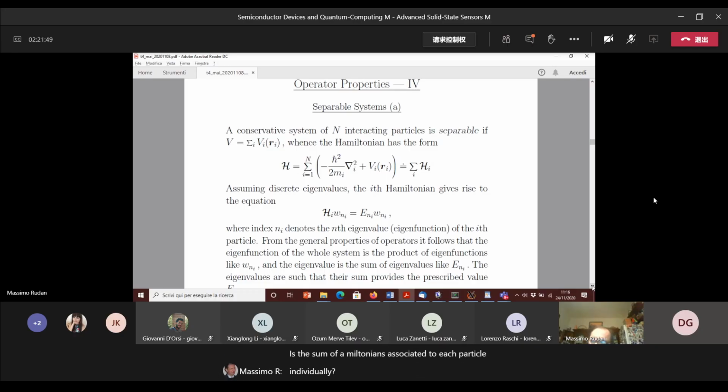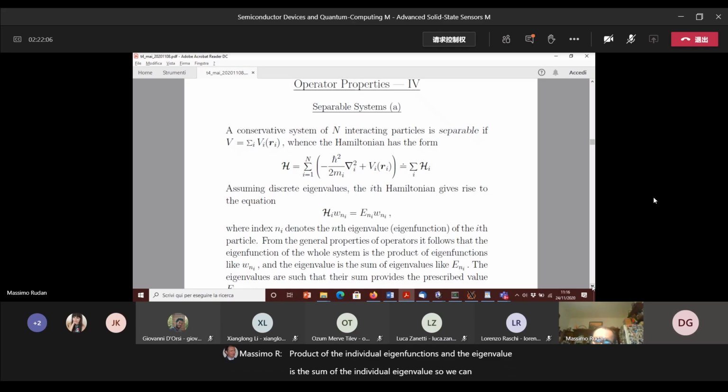And you remember, when we have an operator of this type, then the eigenfunction is the product of the individual eigenfunctions, and the eigenvalue is the sum of the individual eigenvalues.